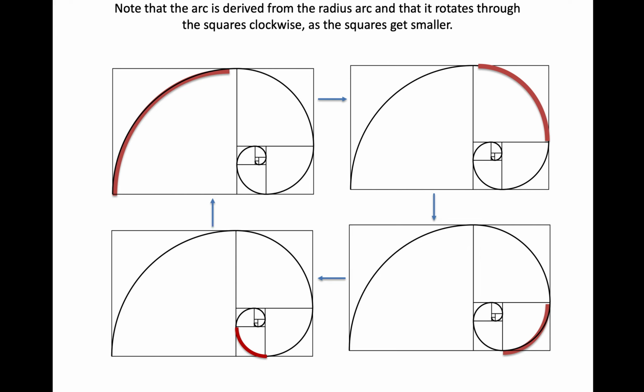And you're just continuing that arc as you walk it around the different smaller and smaller sections of the golden rectangle.